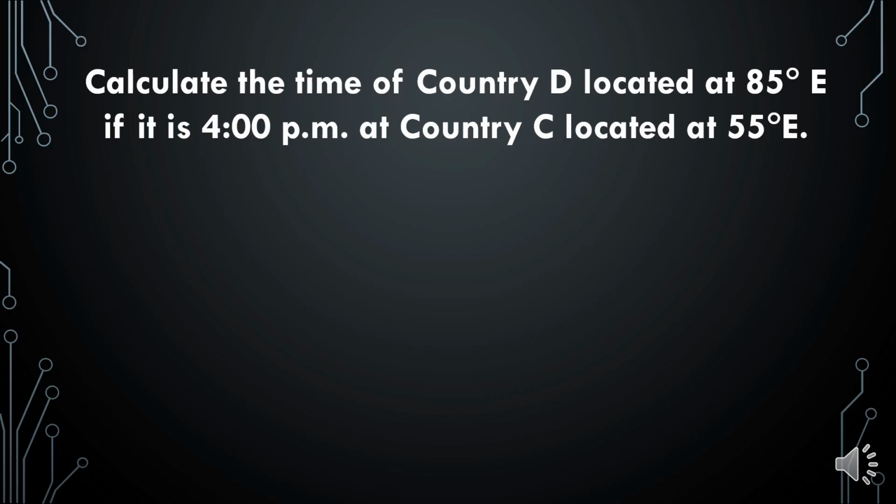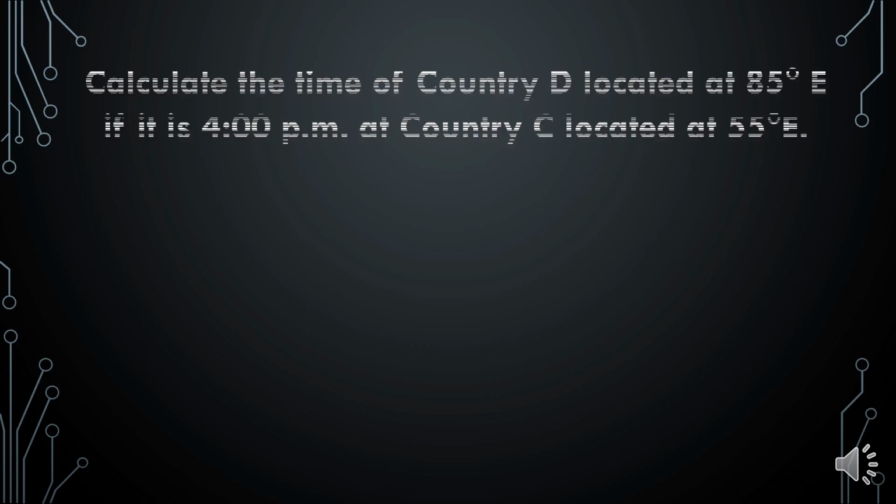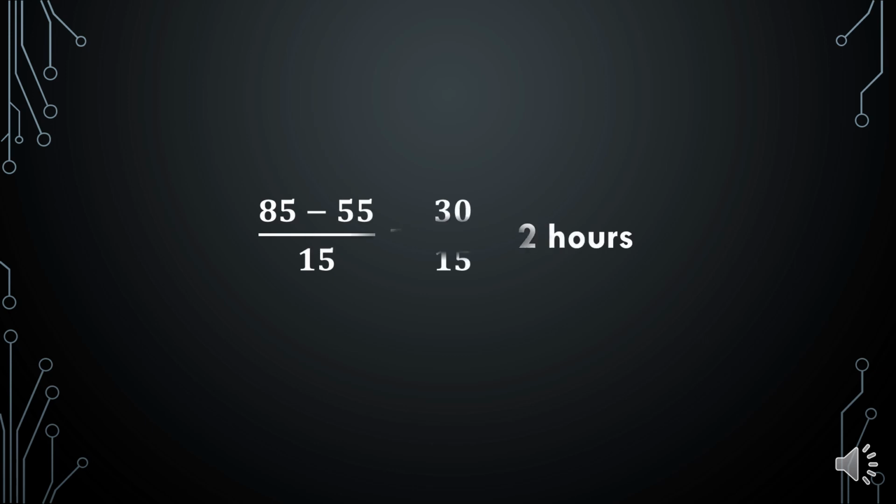Calculate the time of country D located at 85 degrees east if it is 4 p.m. at country C located at 55 degrees east. First we subtract 55 from 85, all over 15. This gives us 30 degrees divided by 15 degrees, because 15 degrees is equal to 1 hour.